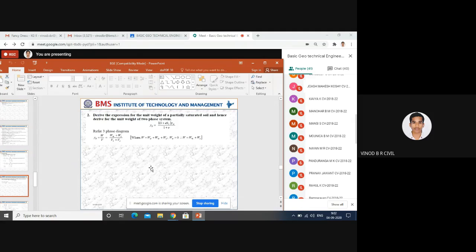In this, the expression below is clearly given: gamma b, the bulk unit weight. Bulk unit weight means garden soil. Bulk unit weight equals G, the specific gravity of soil, plus e, the void ratio of that soil sample, and Sr is the degree of saturation.